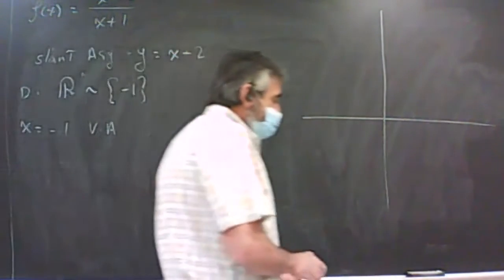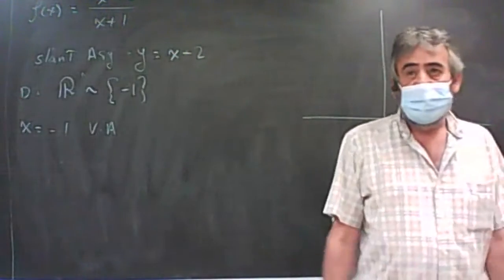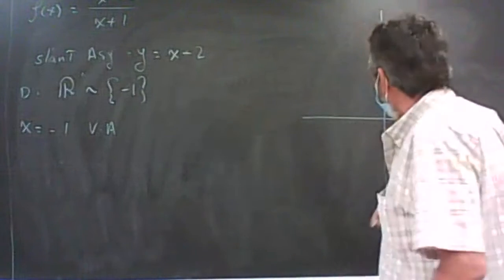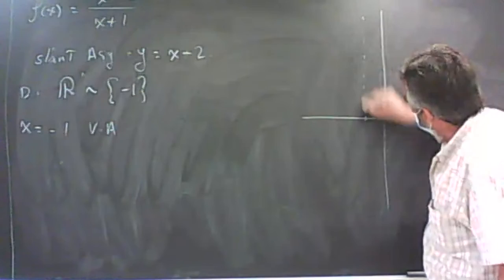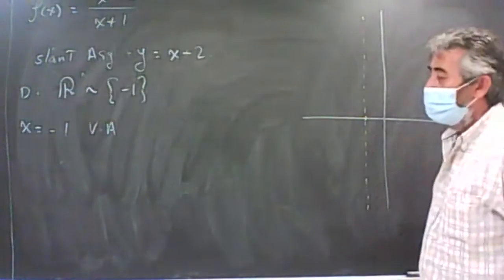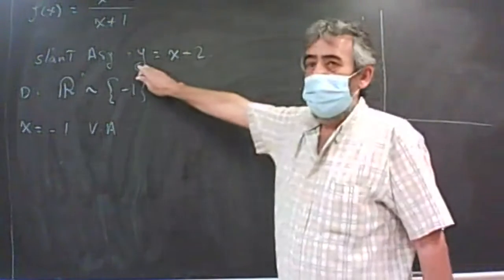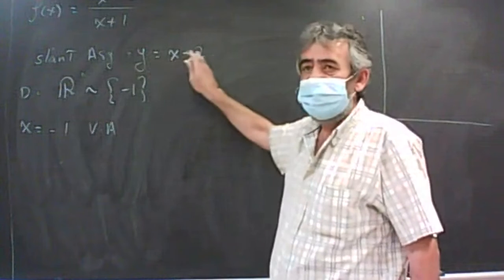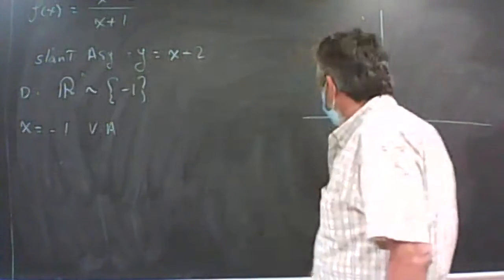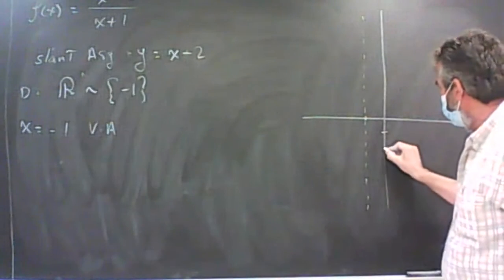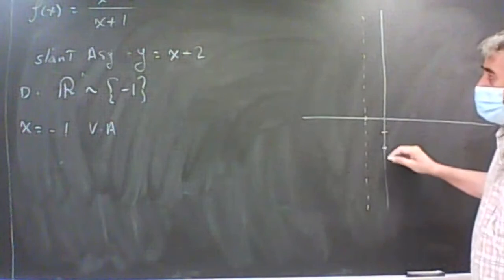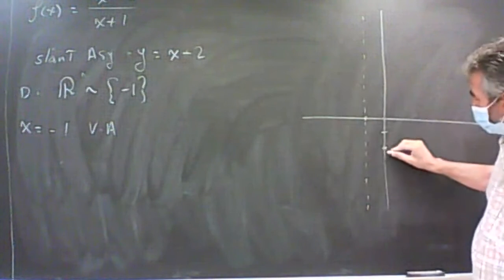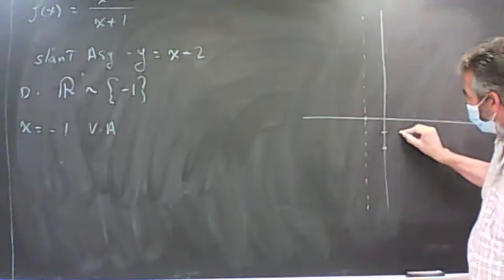So now, we have two asymptotes. One of them is x equals -1. The other one is y equals x minus 2, correct? So I'm going to go to the -2, and I want to graph this line. The slope is 1 to 1, right? I'm going to go up 1, right 1.